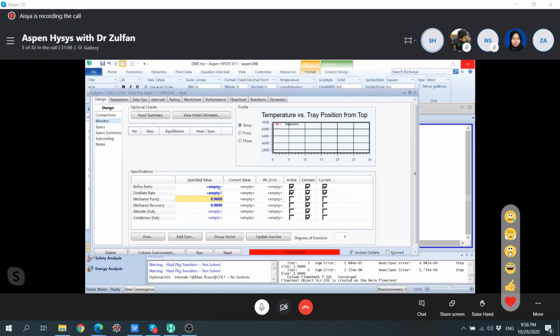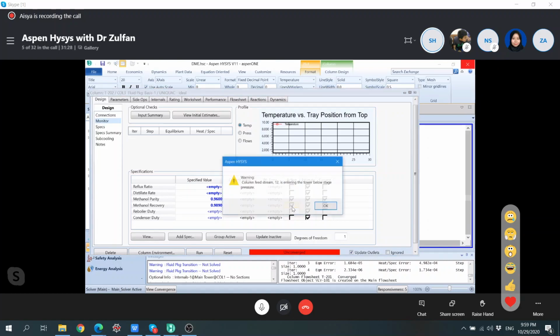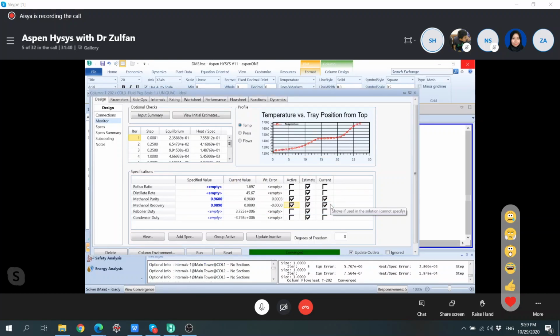So you could put in the specified values of these two and then let the column run, or you can just untick these two and then take the purity of methanol and recovery, and that could also be the case. Entering the tower below stage pressure. You can check it later, but in terms of mass balance, no problem. But okay. 1.6, isn't this a bit too high?